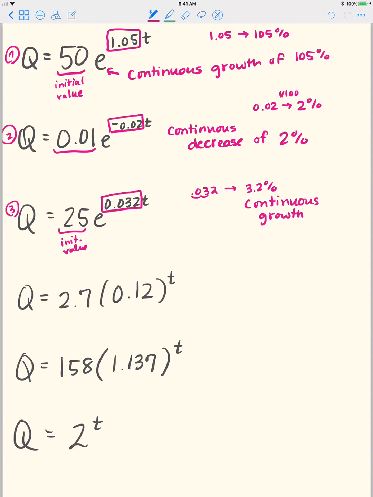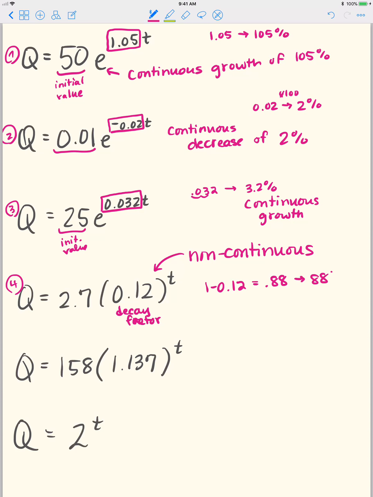Okay, the next one, because there's no e, is not continuous growth. So this is non-continuous, and it's just our regular, whatever the per unit time was, like 0.12, that was a decay factor, if you recall that from the previous sections. So if it was a decay factor of 0.12, the way that we got that was subtracting it from 1, and that gave us the decimal 0.88.